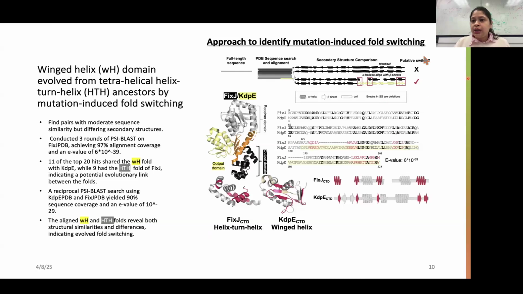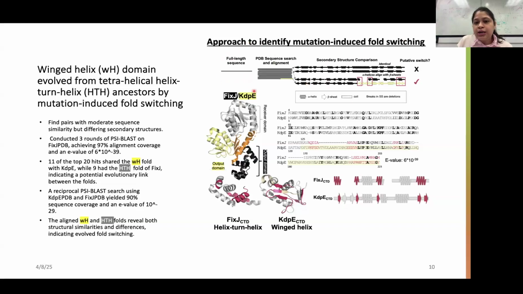So how does one go about identifying such mutation-induced fold switching? For this purpose, we needed to find pairs of sequences which have moderate sequence similarity but differing secondary structure, which we can see in a nice example here.